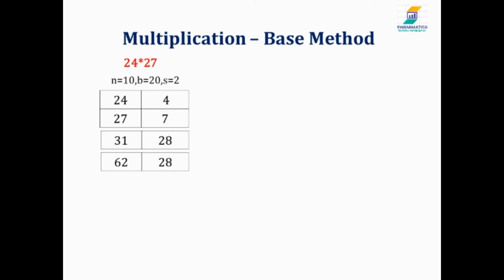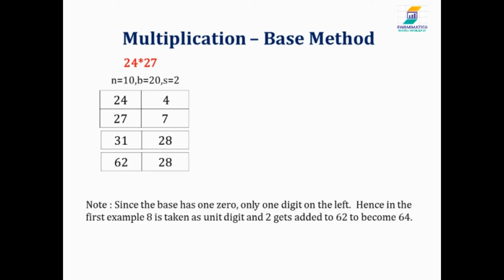So 31 becomes 62. 4 into 7 is 28. But when you look at the number on the right side of 62, it has 2 digits, whereas your base has only 1 zero. That means we can retain 8 and add 2 to 62. So your answer becomes 648.